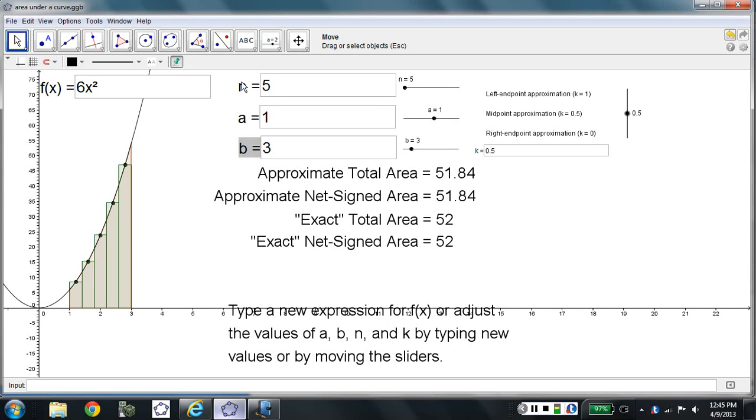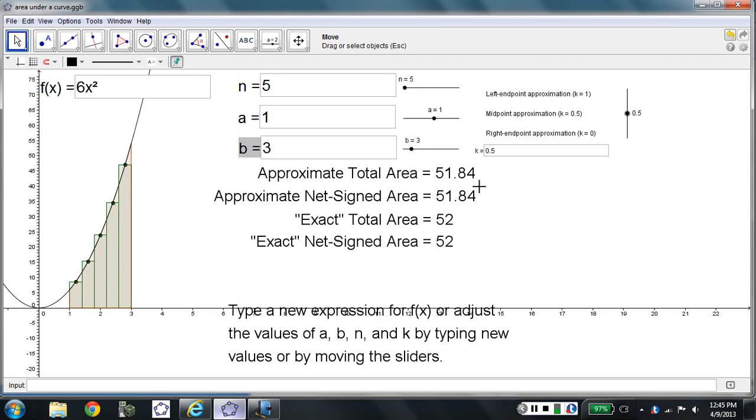If I do it like this, then what you see in green overestimates the area bounded by the curve on that little interval. And what you see in pinkish orange underestimates it, so they kind of cancel each other out, not exactly, but close. And so the estimate is actually a pretty good one. So if we take those 5 rectangles and add up their areas, it's 51.84.